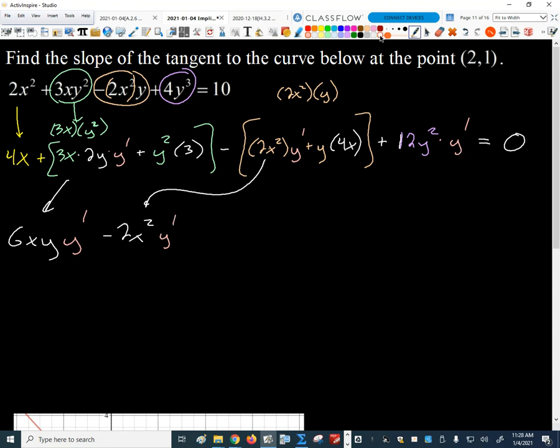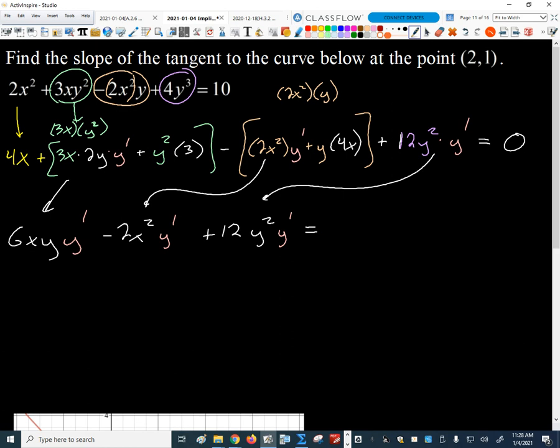And here's another one right here. Plus 12y squared y prime equals everything else we're going to push to the other side, right?